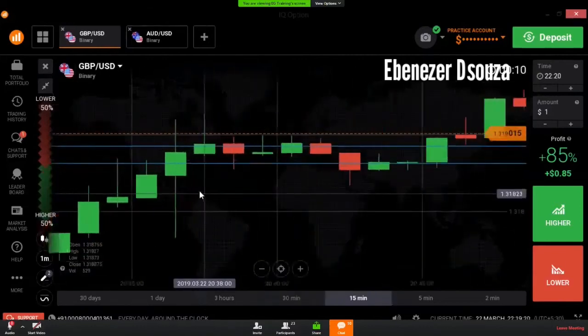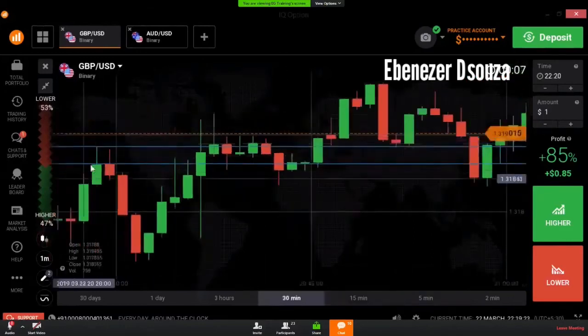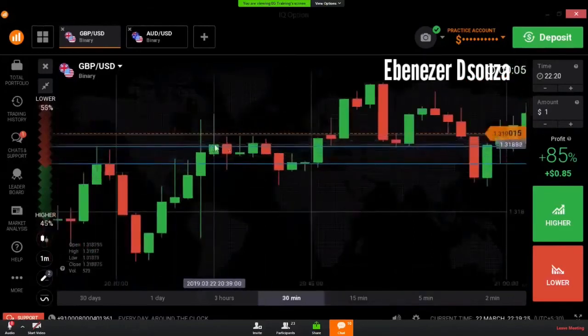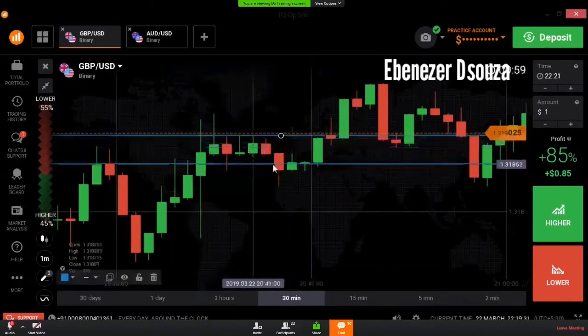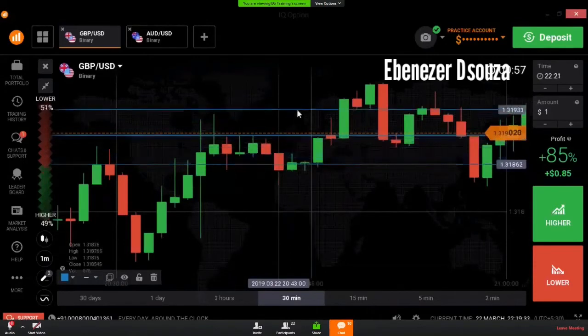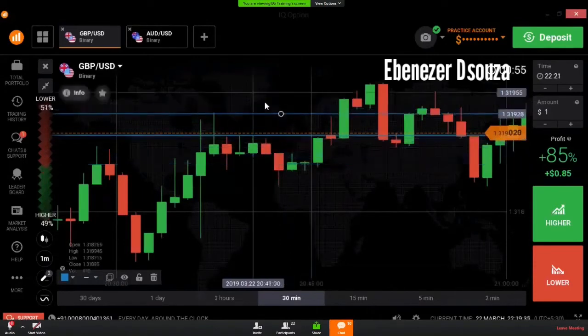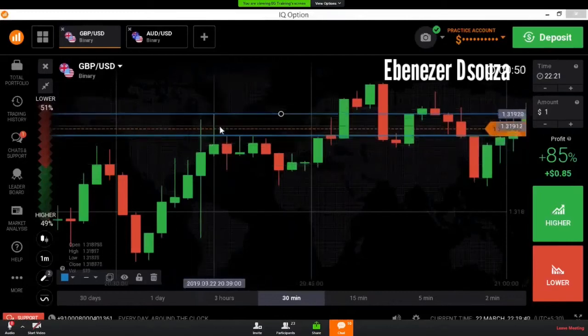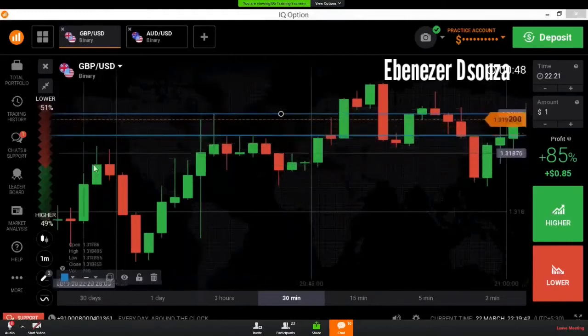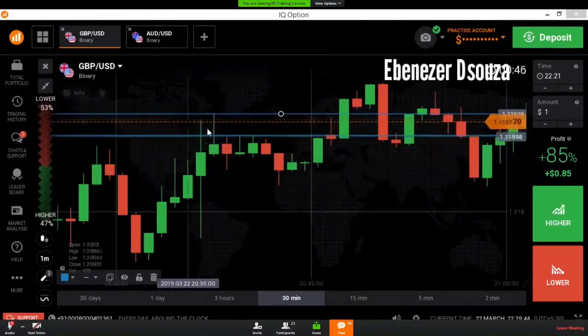Again you are seeing a breakout candlestick. Now the sellers are here. Now this whole area is a sellers area. Previously sellers were here, now the sellers are here.